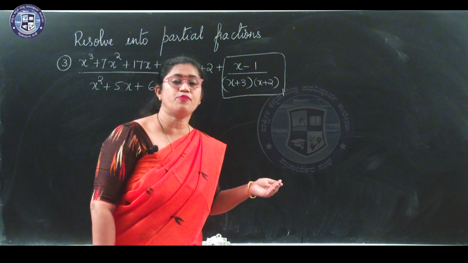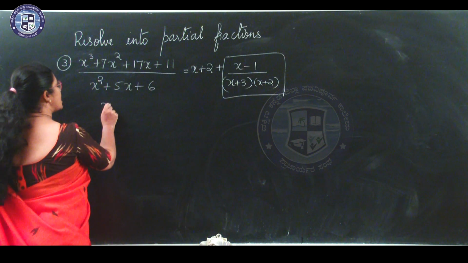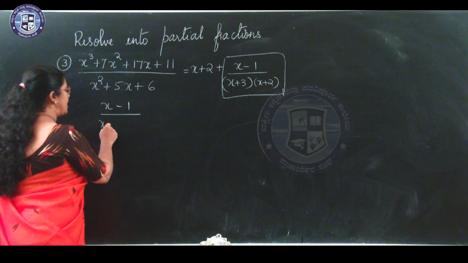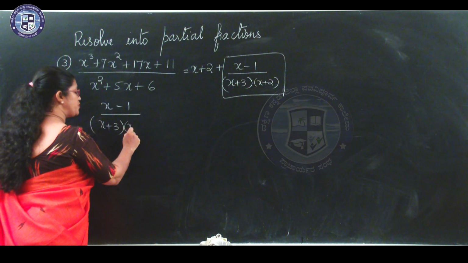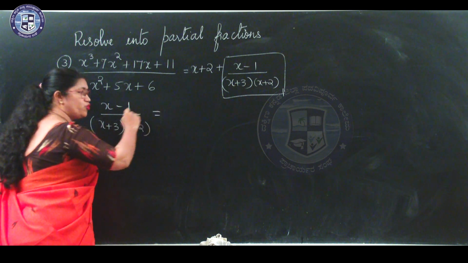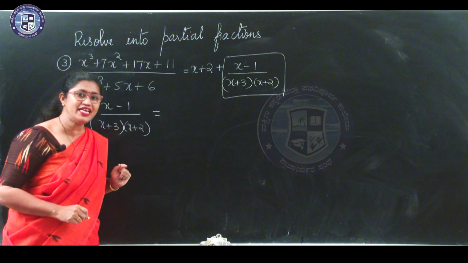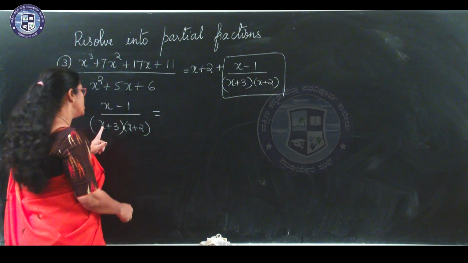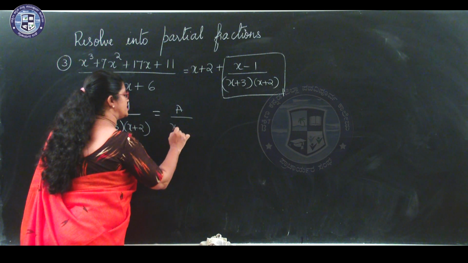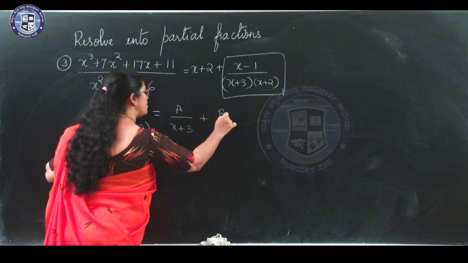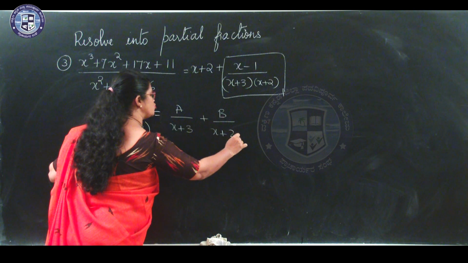So let us take the proper fraction, that is (x - 1) / ((x + 3)(x + 2)), and how do I resolve this? For every linear factor write a constant. So a/(x + 3) plus b/(x + 2).